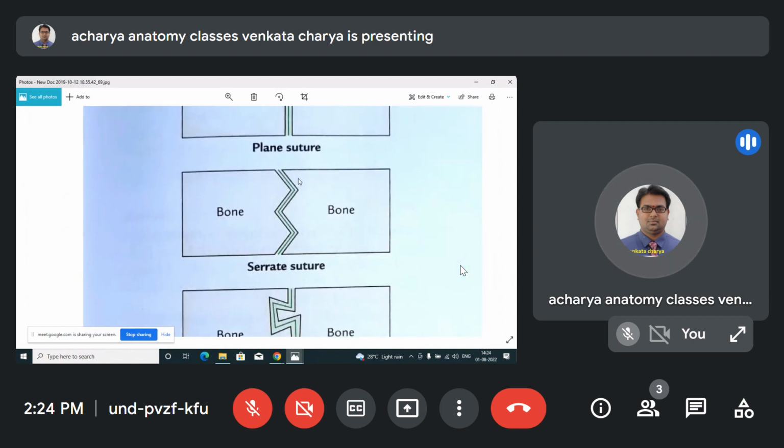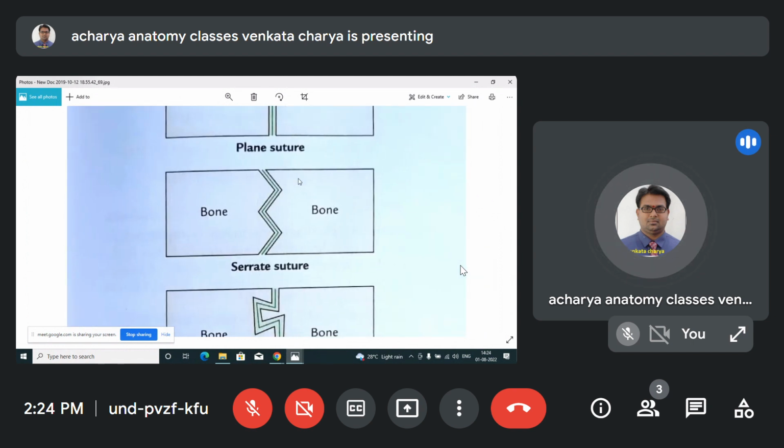Number two, serrate suture, because between the two bones there is a zigzag manner. Here it is filled with fibrous material. This suture we call serrate suture.